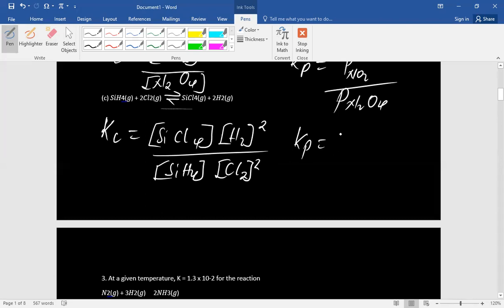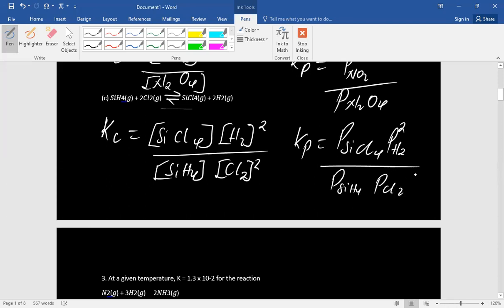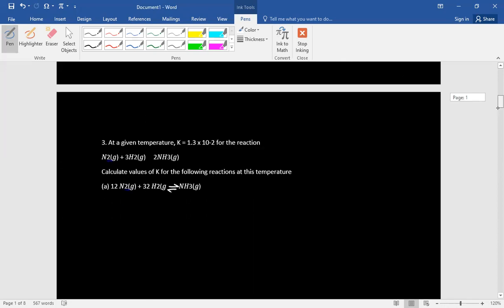Without the gaseous state, we couldn't have been doing that; we would just have been getting the Kc for all cases. So this is going to be the partial pressure of SiCl4 times the partial pressure of H2 squared over the partial pressure of SiH4 times the partial pressure of Cl2 squared. As simple as that. I'm sure you got them.